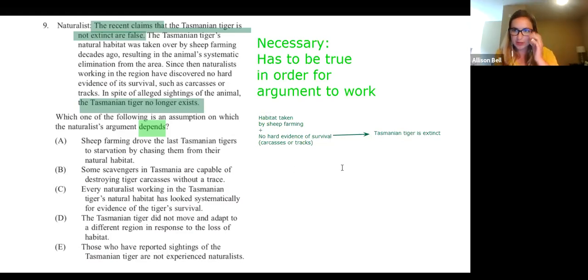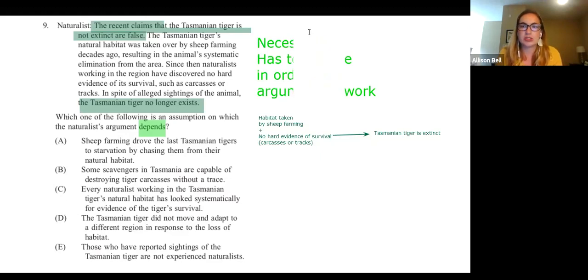So my job on this question is to find something that has to be true in order for it to make sense that the Tasmanian tiger is extinct. Another way to think about it is if I negate the correct answer, then it would show the Tasmanian tiger is possibly not extinct. As I look for answer choices, there are a couple of things I can keep in mind to make my job a little bit easier and to help with process of elimination.